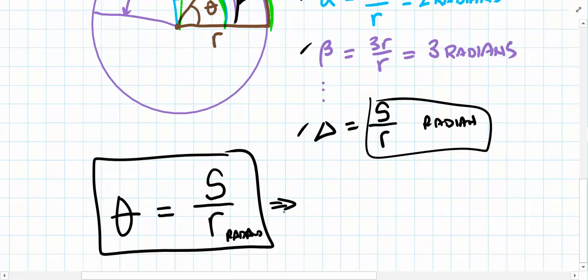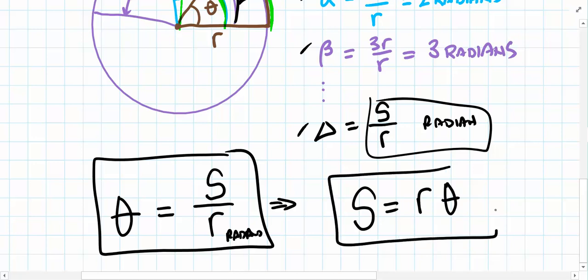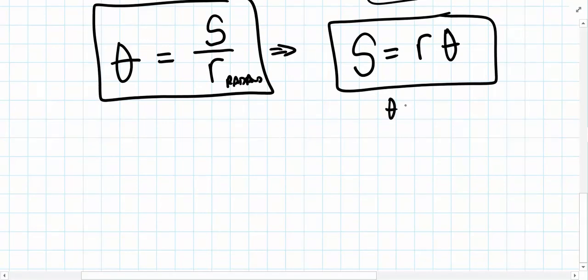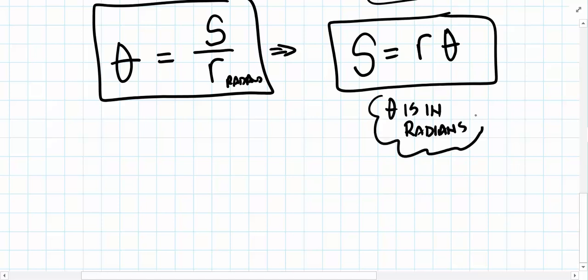The arc length S is just equal to r theta. But again, this only works if what? If theta is in, what's the word, you guys? Radians. Alright? This only works if theta is in radians. It's very, very important. And that's kind of the development, or the thinking, coming at it from a radians perspective.